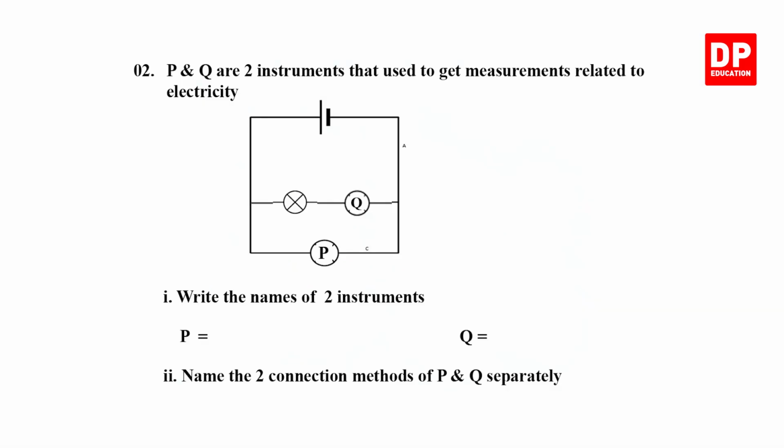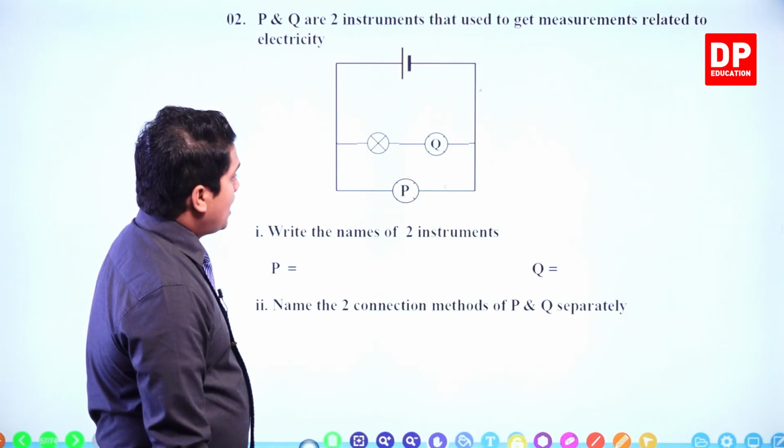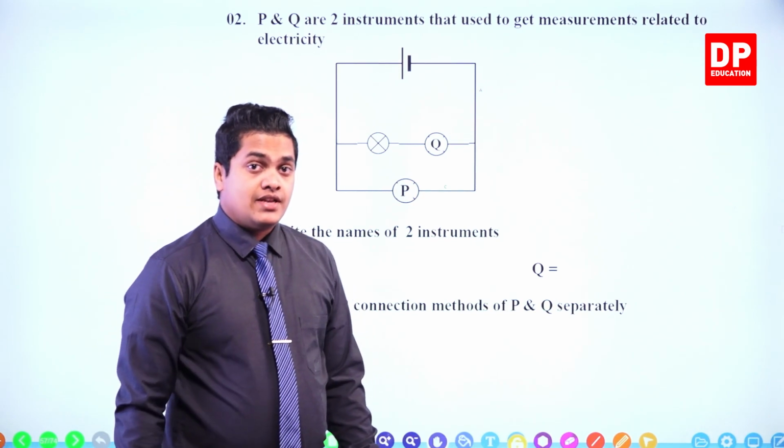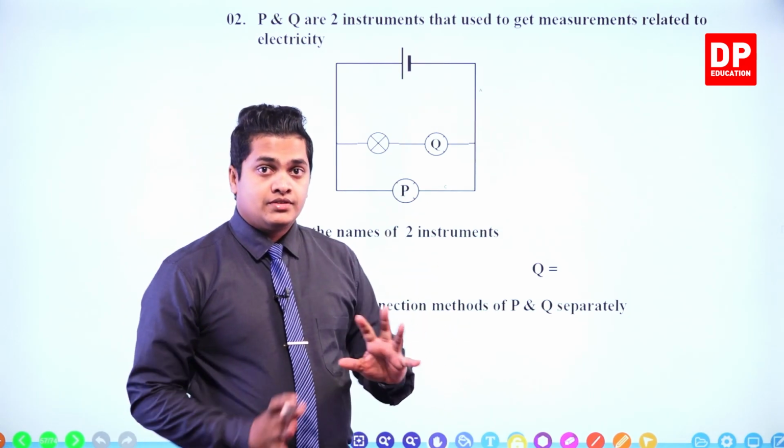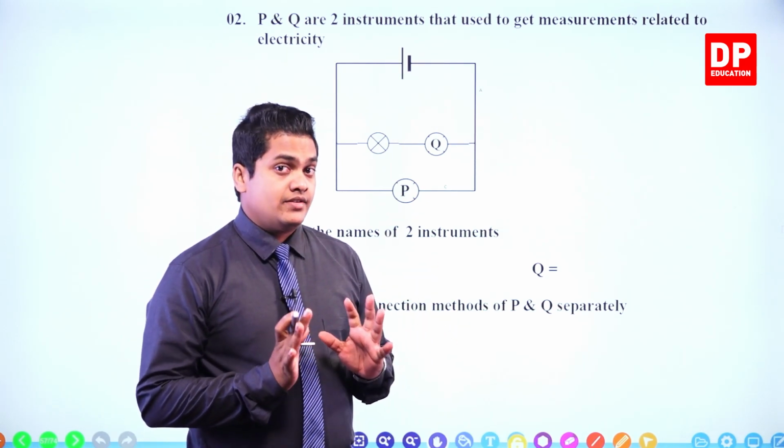So in the next question, P and Q are two instruments used to get measurements related to electricity. P and Q are not given in their standard symbols.